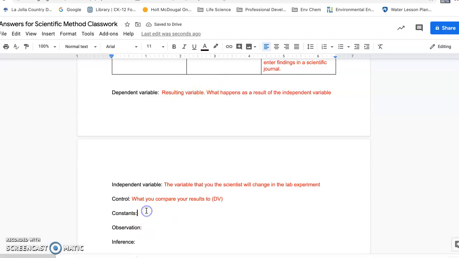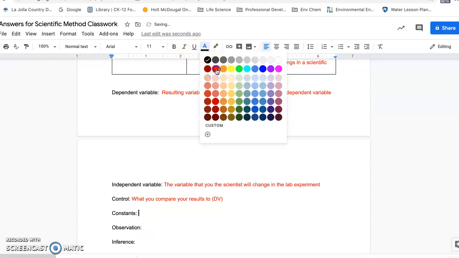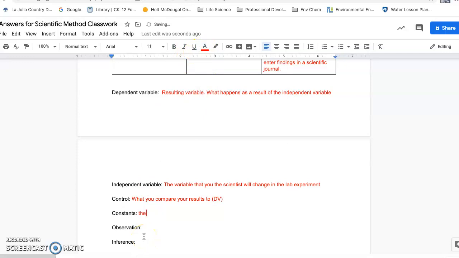The constraints, these are going to be the factors that cause limitations on your experiment. For example, the funds available, your equipment, how much time you have, those kinds of things.